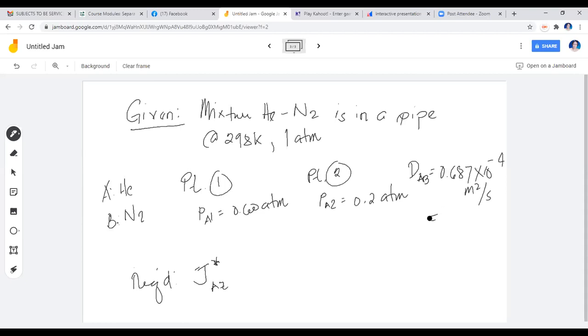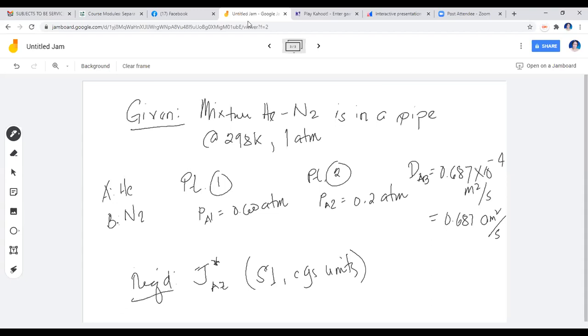In centimeter squared, this would be 0.687 centimeter squared per second, because we're after the flux in both SI and CGS units. The problem requires that we express the flux in SI and CGS units. So this is our unknown, the flux, based on Fick's law.